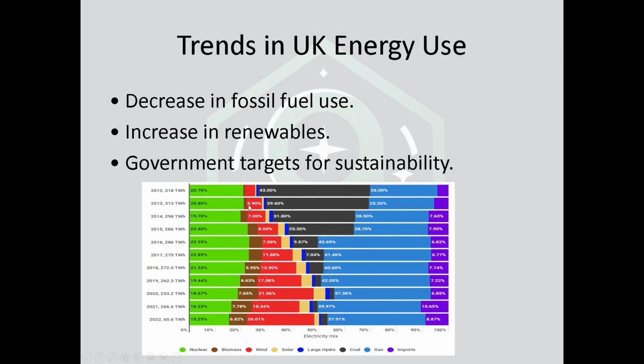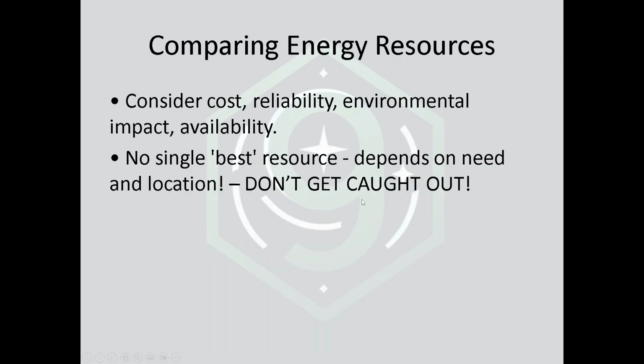In 2013, only 5.9% of the energy produced was from wind, whereas in 2022 that shot to 26%, which is massive. However, gas has increased from 26 to 37.91%, which is a bit concerning considering that is a fossil fuel and that is not a renewable energy source.